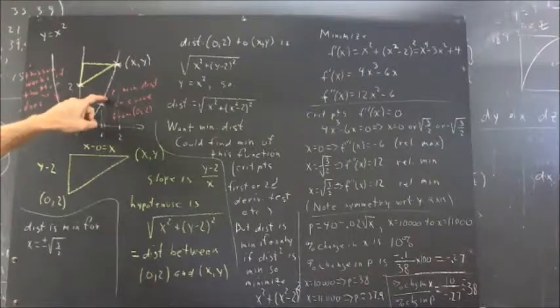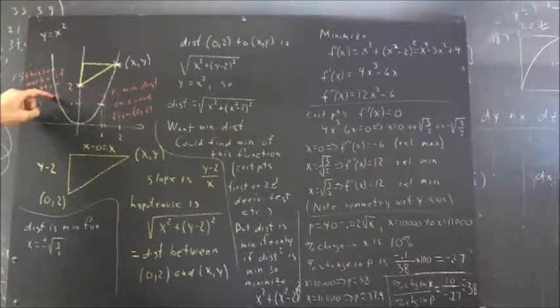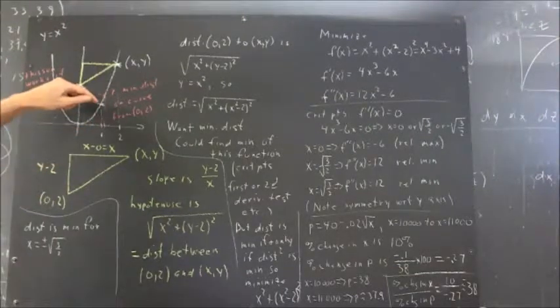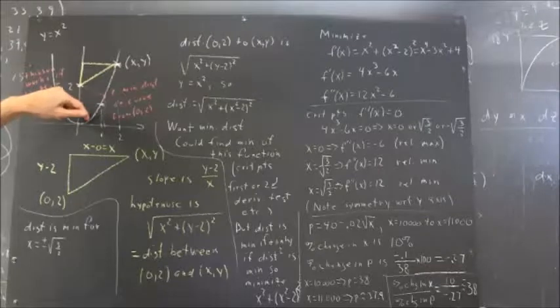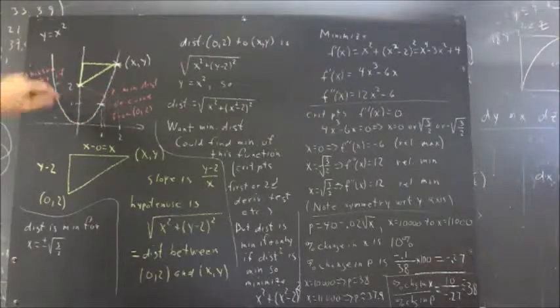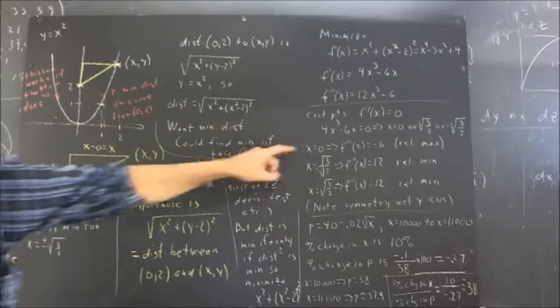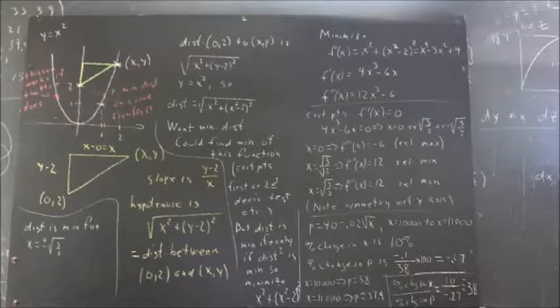Because remember, if this is a minimum point, this is also a minimum point because of the symmetry. So as we move away from the point going this way, our distance increases till we get here, then decreases, and we do have a relative maximum at this point, and that's confirmed by our analysis.